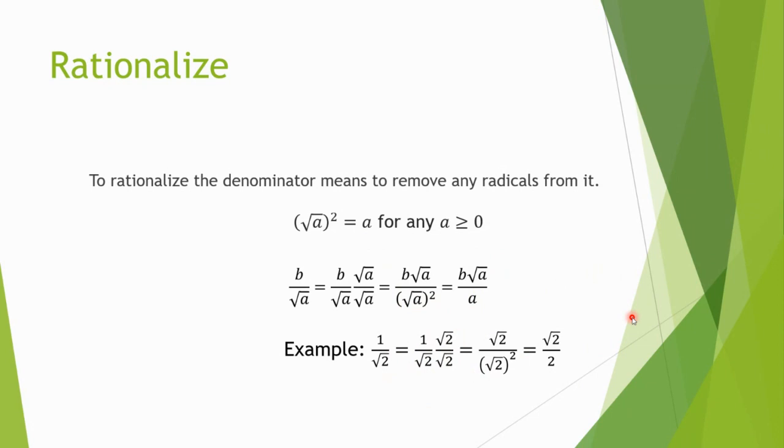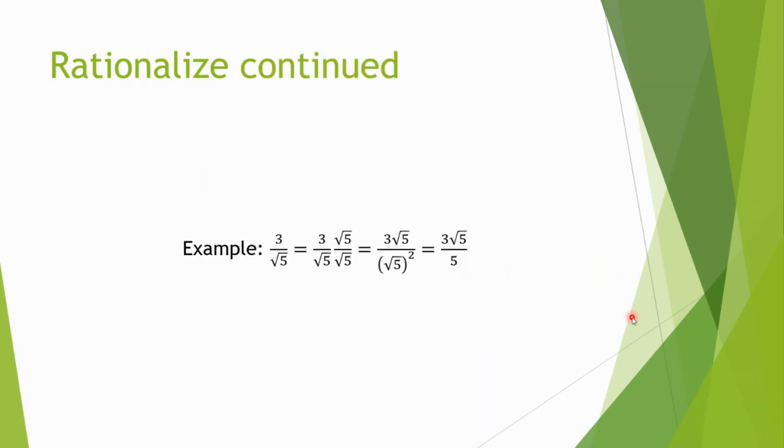That's one example. Let's look at another one. Here, we have 3 divided by the square root of 5. Just like before, we multiply top and bottom by the square root of 5. By doing that, we get 3 times the square root of 5 on top.